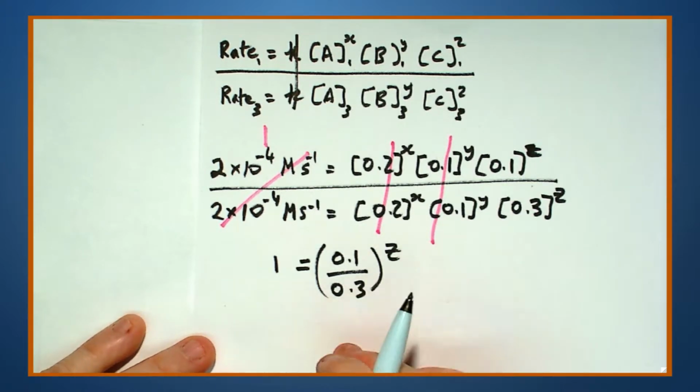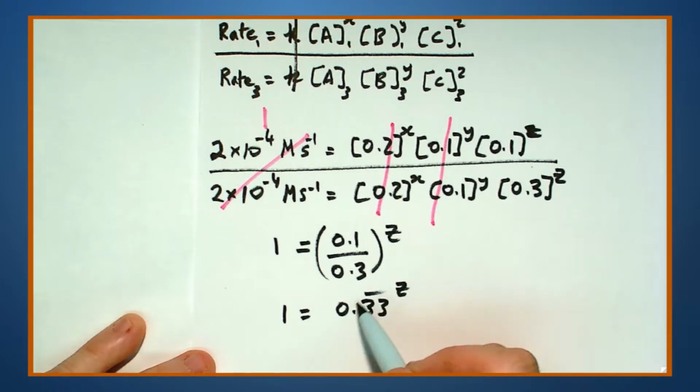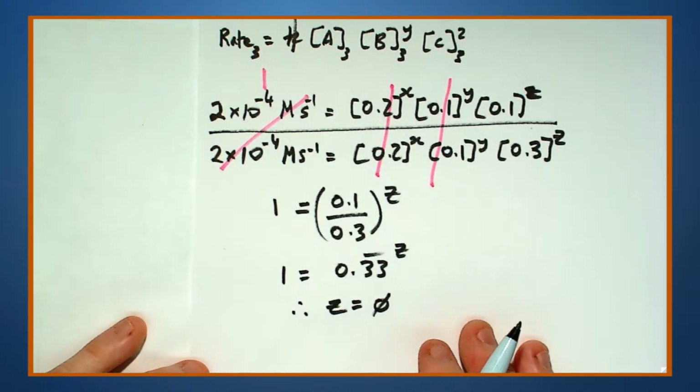So we've got 0.1 over 0.3, in other words 1/3, so 1 equals 0.33 recurring to the power of z. Well, if you want to make 0.33 to the power of something equal 1, it must mean that z equals 0, because anything to the power of 0 is equal to 1.